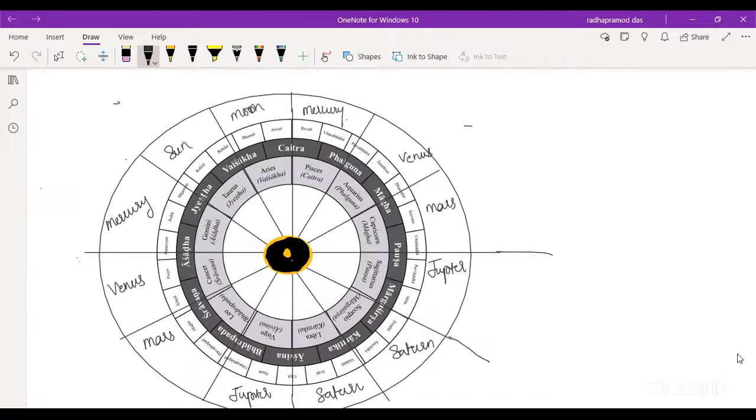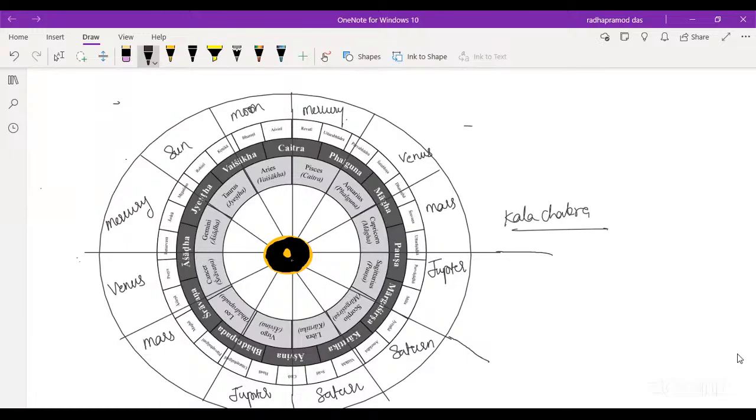These are the positions of the planets. This whole is called Kala Chakra. So if you see in the sky, these are the positions of the planets, and this is the position of the zodiac. Like Jupiter is in two places, so it is the lord of them. And then there is Mars.